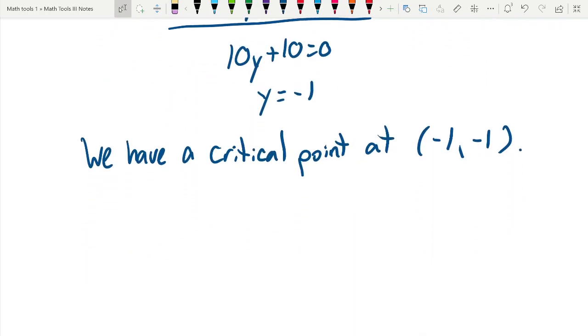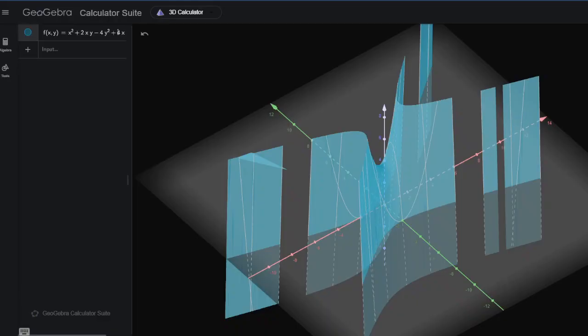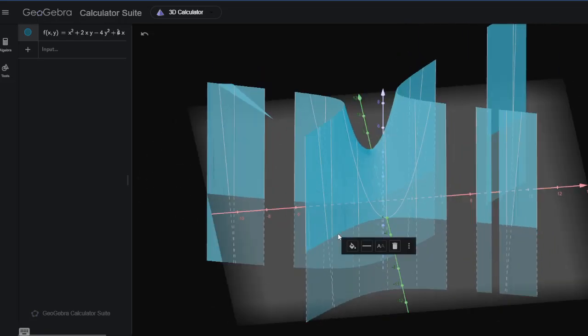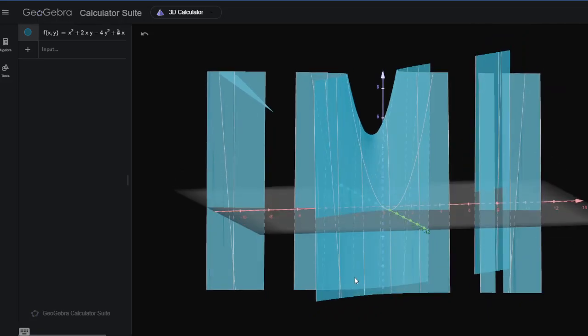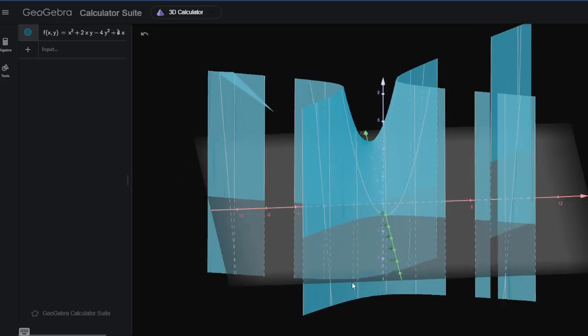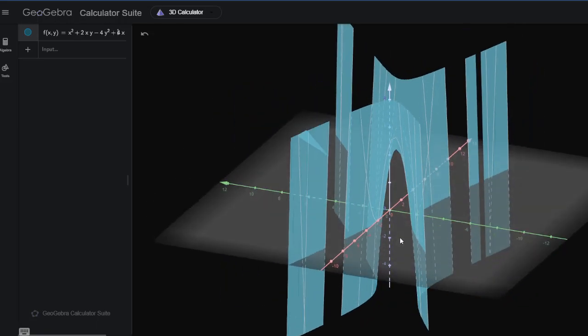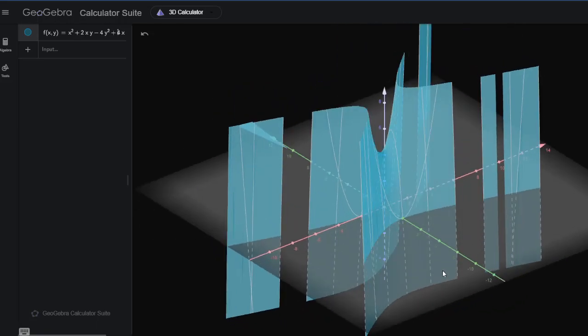So we do have this critical point at (-1, -1). So let's look at this graphically so we can see what the critical point looks like in 3 dimensions. Here I've graphed the equation that we're looking at. It looks like there are big holes in it. That's just because it's dipping down further than where the axes go, right? It's only capping out at 8, and it looks like only -4 down there.